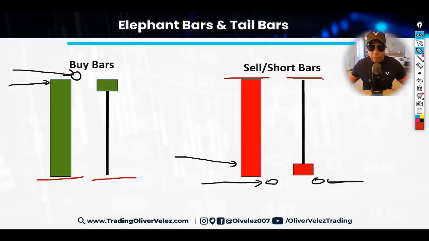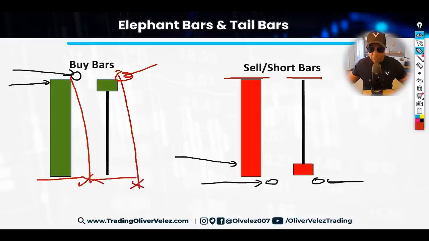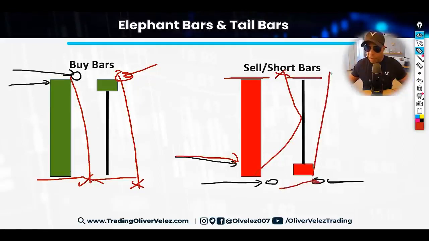There's only 2 power bars. You don't want the market to remove your power bar. So if this were to drop, boom, you're out. If you were to enter here and it were to drop, boom, you're out. If you were to enter here and move up, boom, you're out.